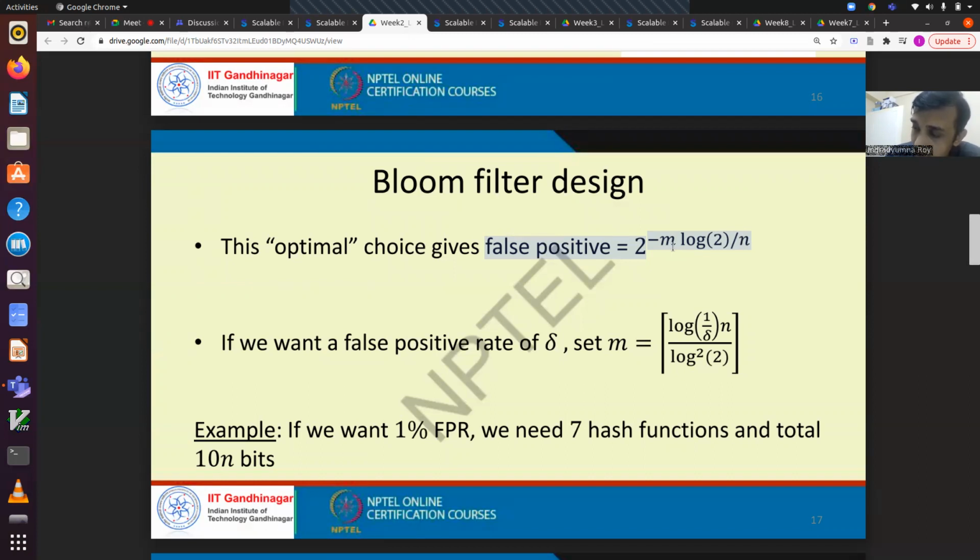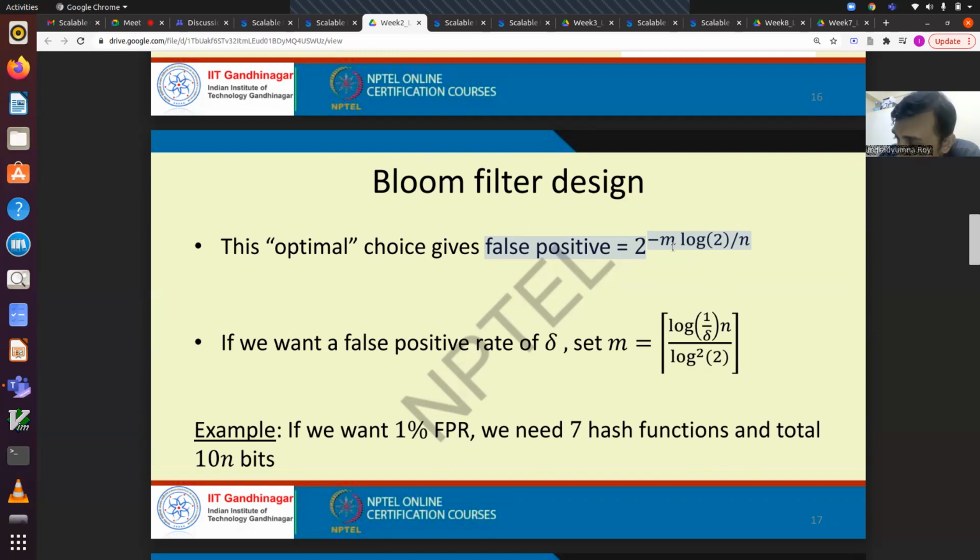Log 2 of M. Okay, so M is the number of buckets.